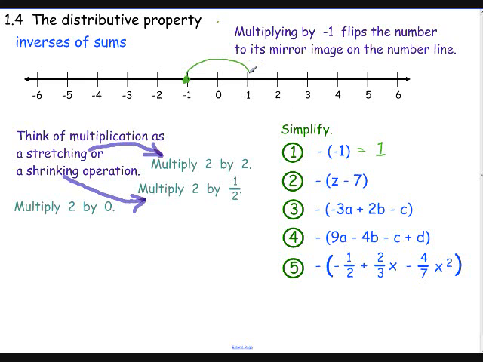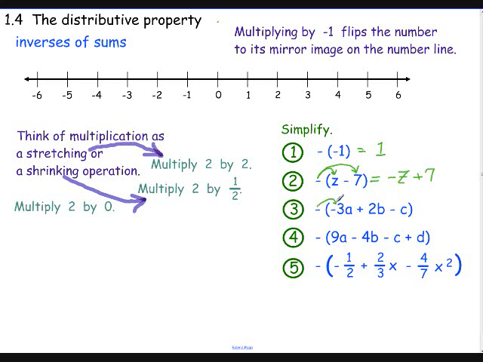So it did happen. It ended up right over here. Okay. And the same thing is going to happen with this. The negative, I'm going to distribute it in here. It's going to become a negative z, positive 7.